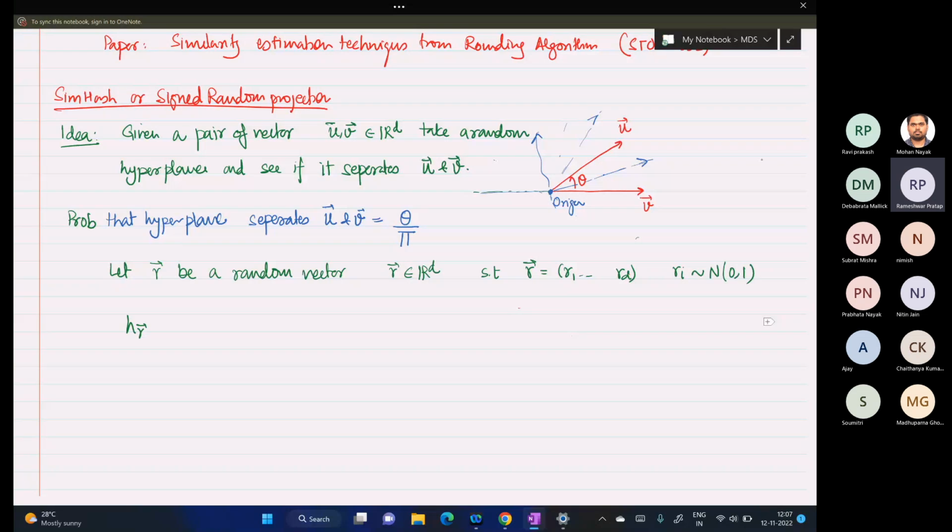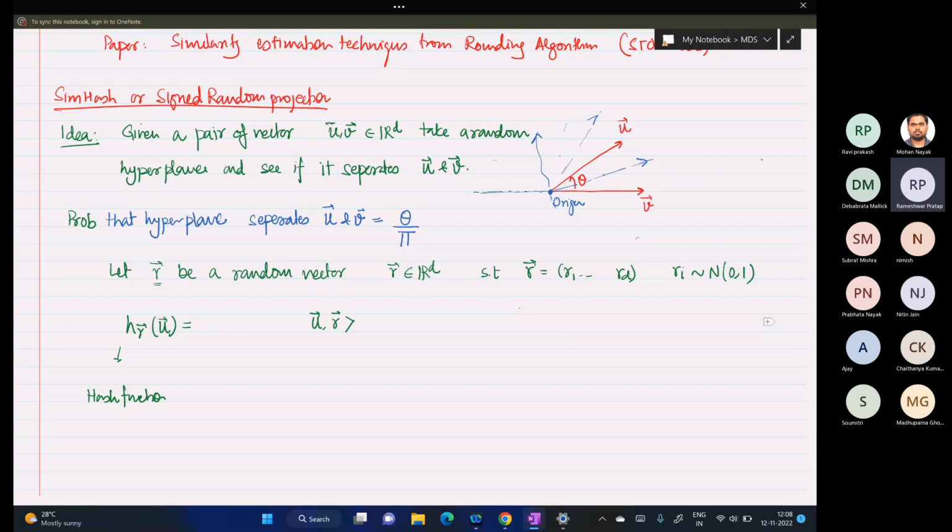Our hash function is: we calculate the dot product with the vector. We want the compressed representation of u using this vector r, captured by the hash function h_r.